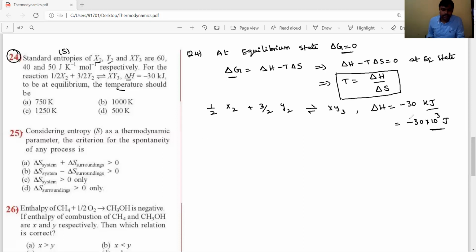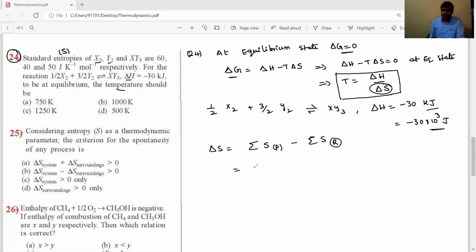Okay, students. So delta H value we know that, but delta S value how to find out? The delta S value is equal to the sigma entropy of products minus the sigma entropy of reactants. Entropy of reactants we need to find out.